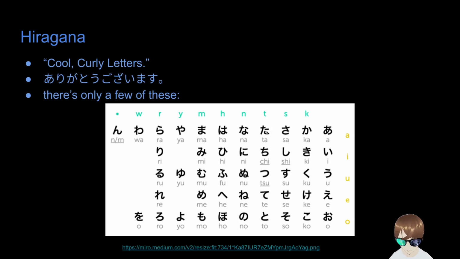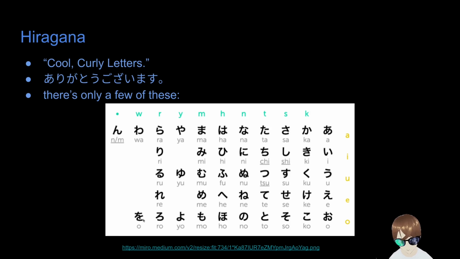There are also some changes which I will go over that you can do to make more hiragana. But you've got Ka Ki Ku Ke Ko, Sa Shi Su Se So, Ta Chi Tsu Te To, Na Ni Nu Ne No, Ha Hi Fu, you could also say Hu, He Ho, Ma Mi Mu Me Mo, Ya Yu Yo, Ra Ri Ru Re Ro, Wa, and O.